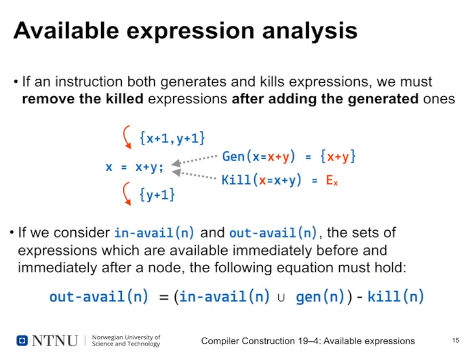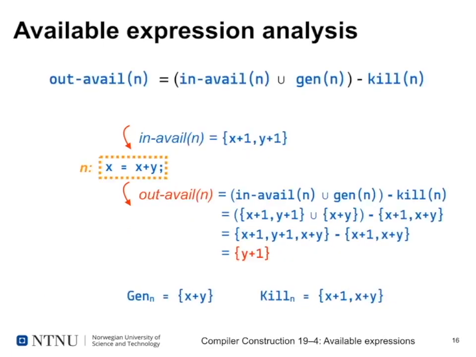The order of evaluation is important for exactly our corner case here, where we're using a variable which generates a new expression and then killing it right away by assigning to one of the variables contained in this expression.